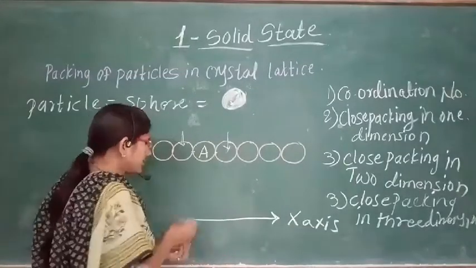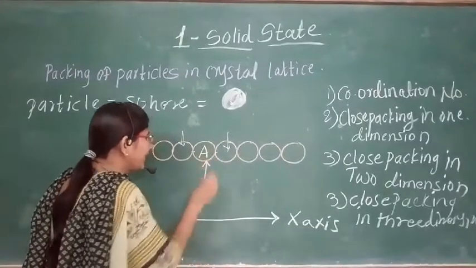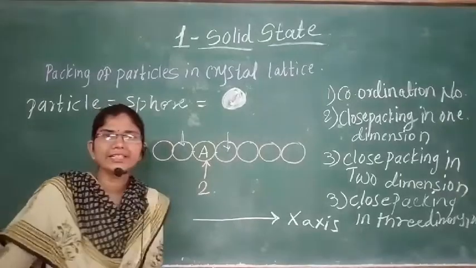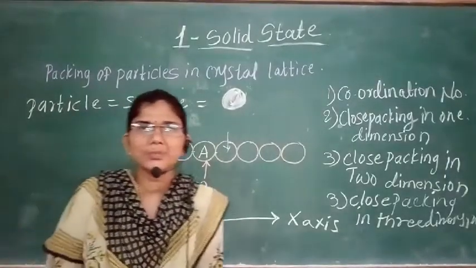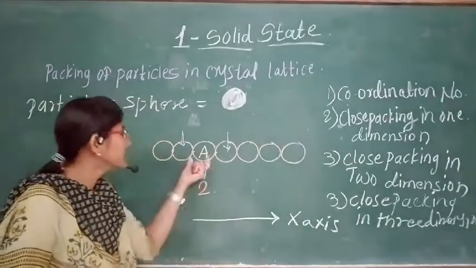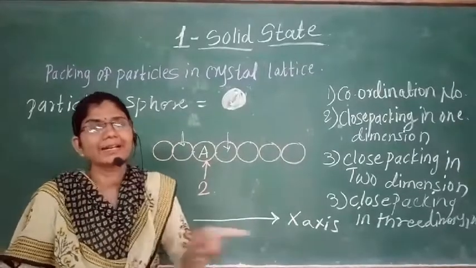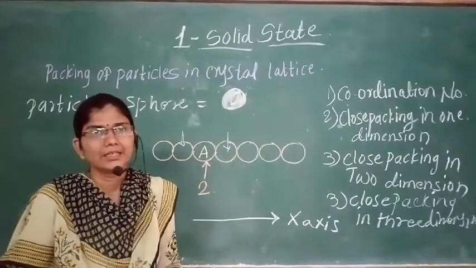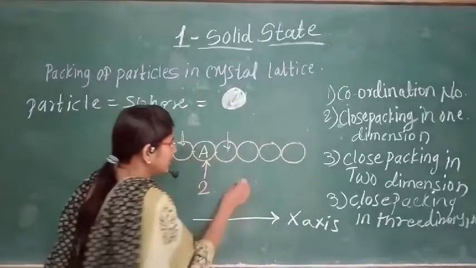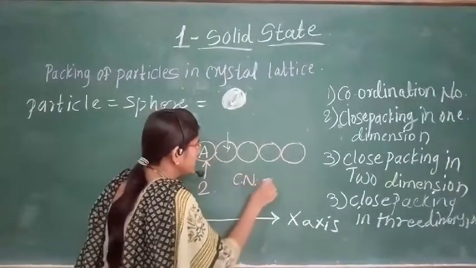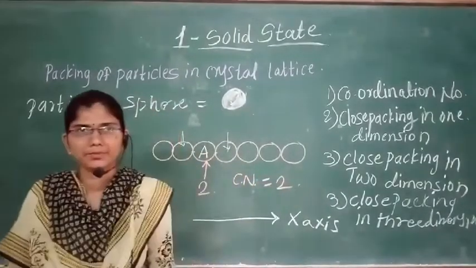So what is the coordination number of this A? It is 2. Coordination number means the neighboring spheres attached to that single sphere. And in one dimensional close packing, the coordination number is always 2.